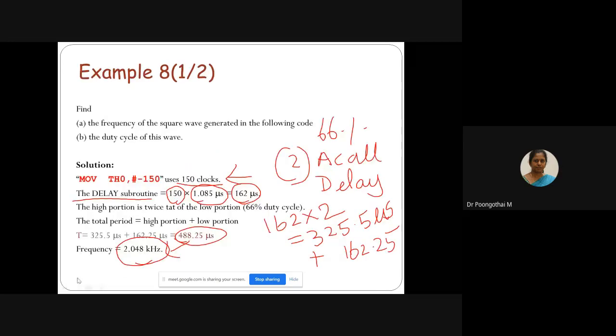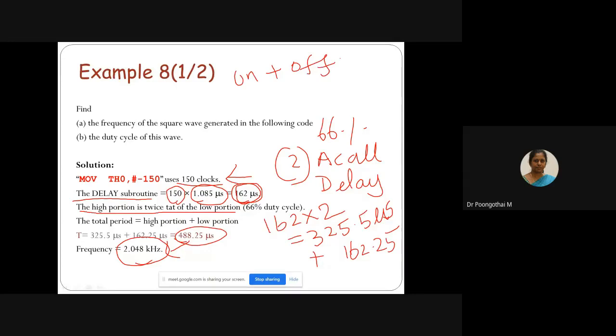So here, already we calculated one time period with your microcontroller, 1.085 microseconds, 162 microseconds. The reason is that the high portion is twice that of the low portion. So how do you calculate square wave frequency? On time plus off time.